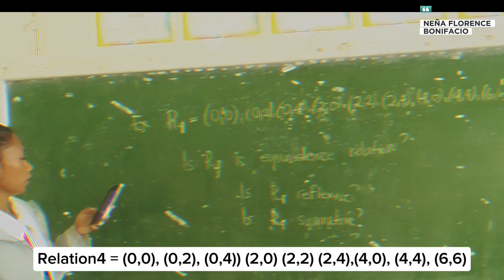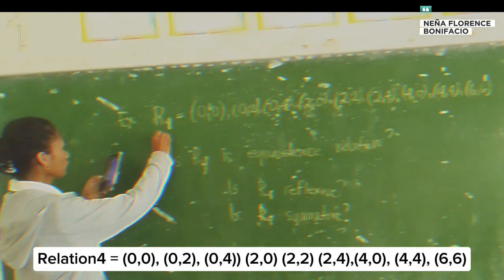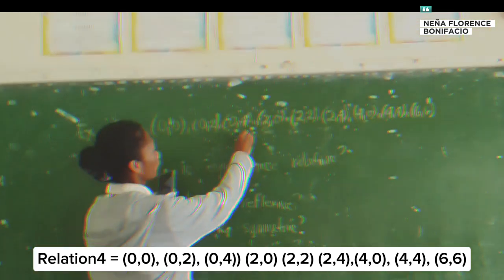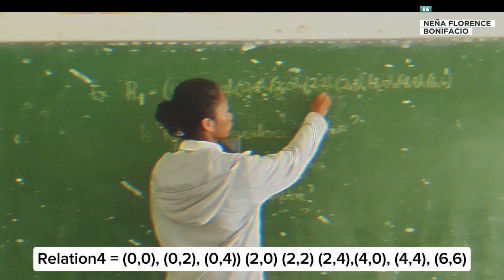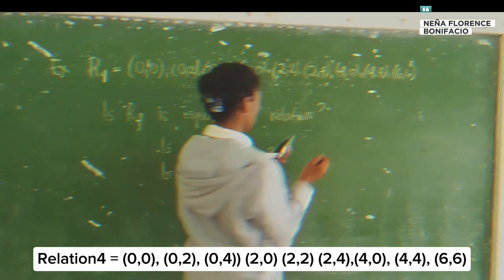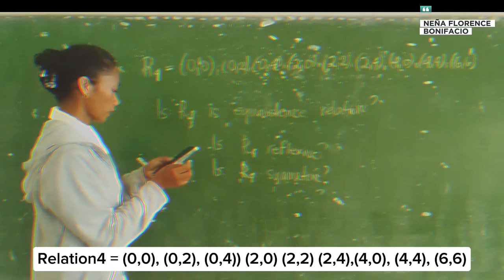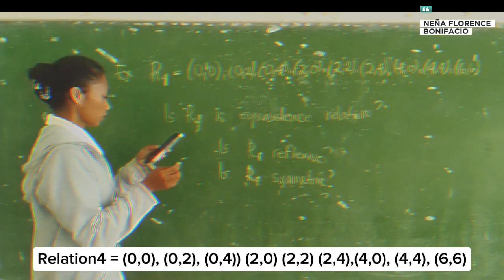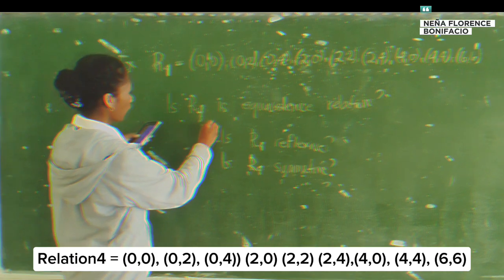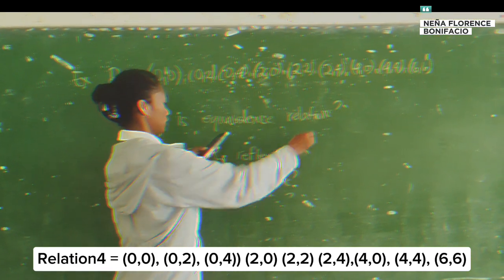This is the example of relation 4. Relation 4 is equal to {(0,0), (0,2), (0,4), (2,0), (2,2), (2,4), (4,0), (4,4), (6,6)}. Is relation 4 an equivalence relation?